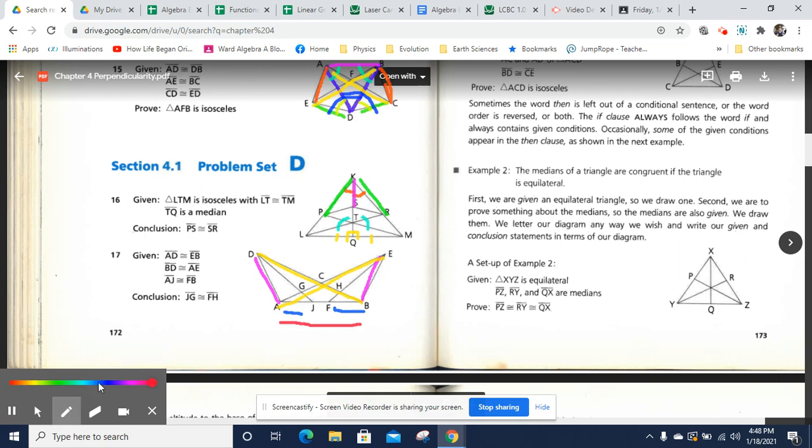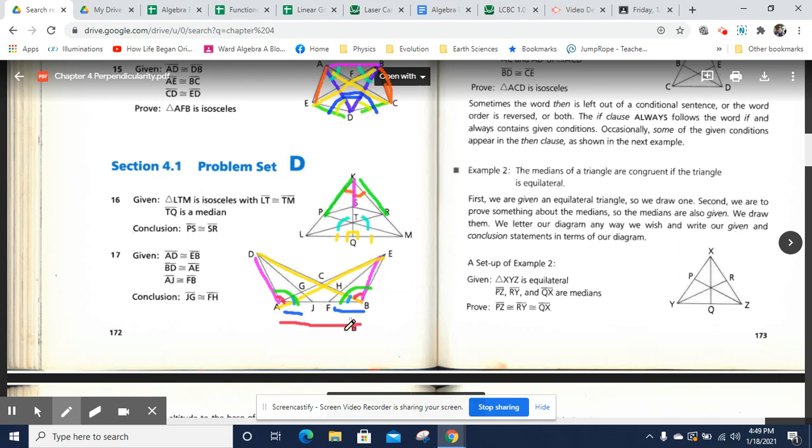It'll give us that this angle and this angle are congruent. It'll also give us that this angle and this angle are congruent. And that will tell us furthermore by subtraction that this angle is congruent to this angle.